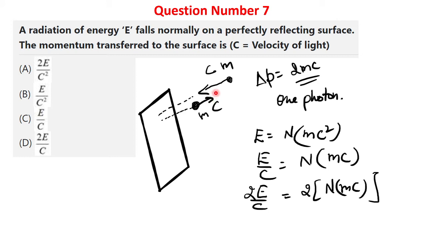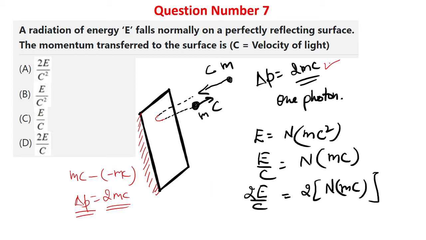Now you know, if a ball is coming towards a bat and is reflected back with the same speed, then there is a change in momentum. If initial momentum is minus mc, final is plus mc, the difference between minus mc and mc is 2mc. So this much is the change in momentum of one photon after reflection from this perfectly reflecting surface.